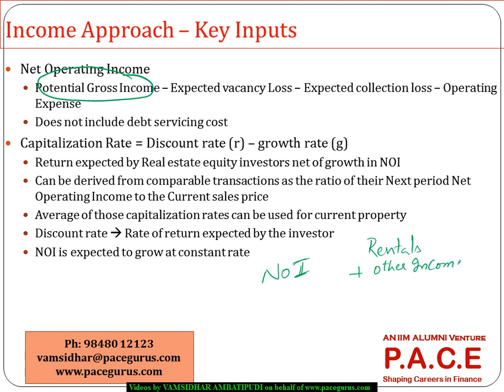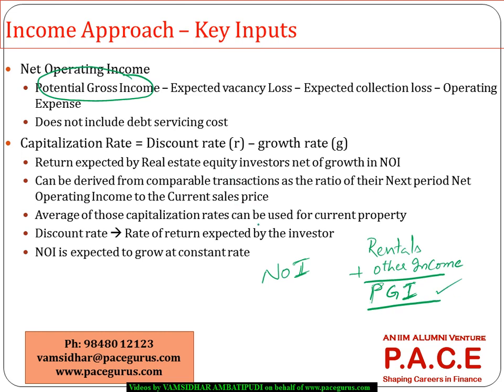If I am getting some other income because of having this property, the summation of these two is called the potential gross income. This potential gross income is under the assumption that my property will be fully occupied for the entire period.